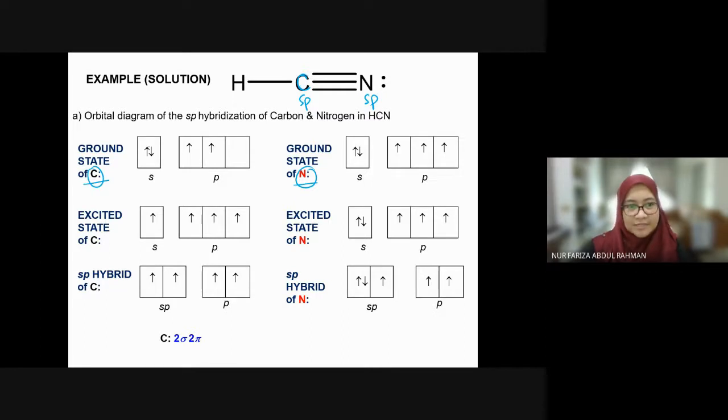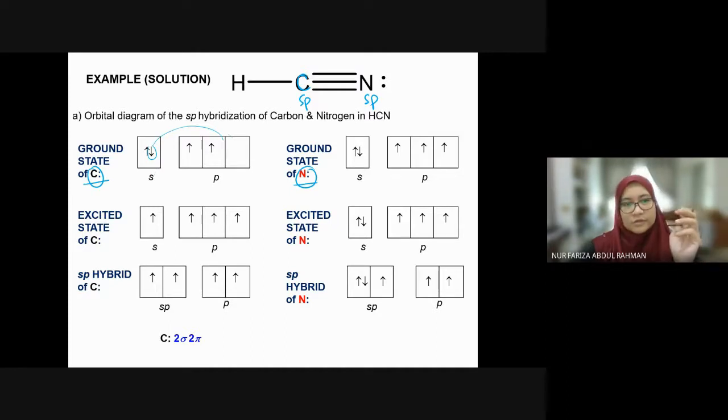If you do not excite this one into the p orbital, it will end up having a full-filled orbital. Remember, a full-filled orbital represents a lone pair. When you refer to the Lewis structure, carbon does not have a lone pair, so by right it should not have a full-filled orbital.